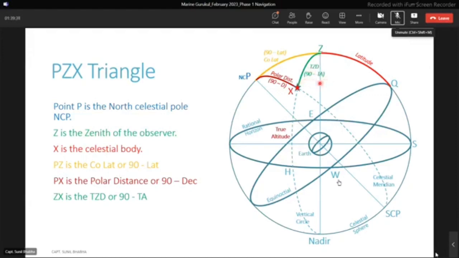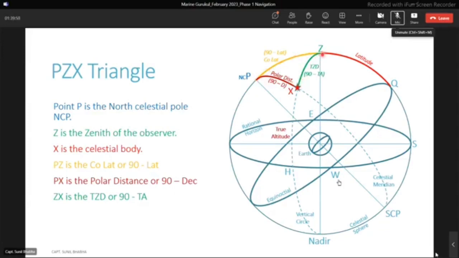So 90 minus true altitude is the TZD, the true zenith distance, and it is represented as the ZX side of the PZX triangle. You can see the PZX triangle represented here.